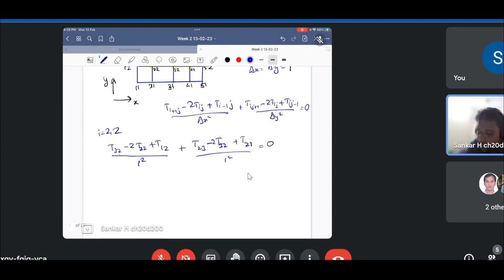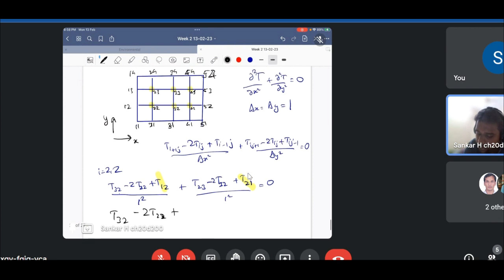Substituting the values of the known ones, which are T12 and T21, we'll get T32 minus 2 T22 plus T12.